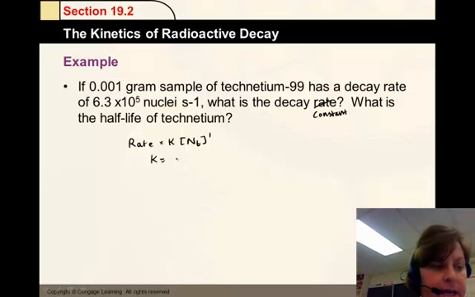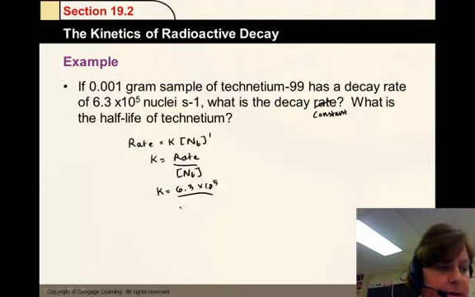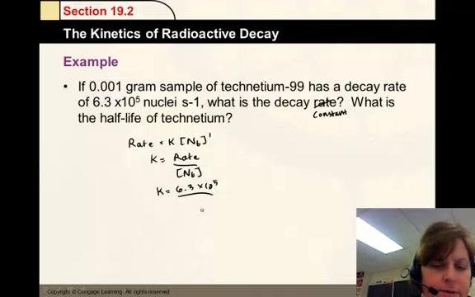So then k is rate over the number of nuclei Nt. And k is 6.3 times 10 to the fifth, that's the rate, over the number of nuclei, which in this case is... well, I can't get that yet.